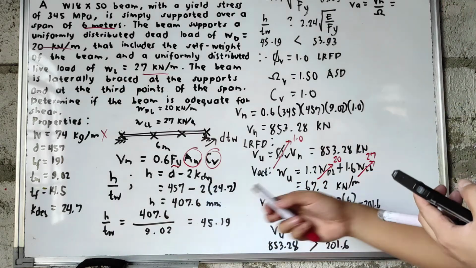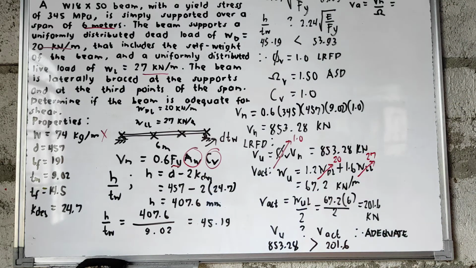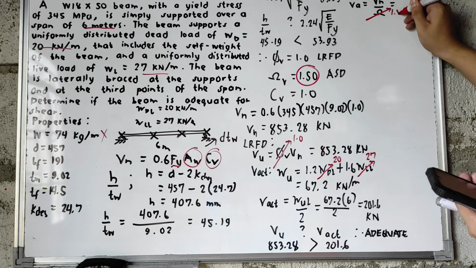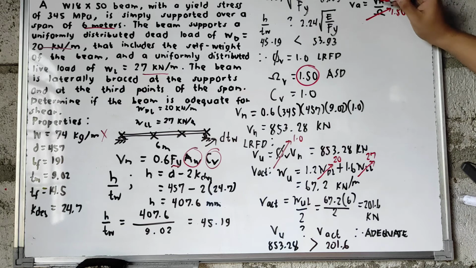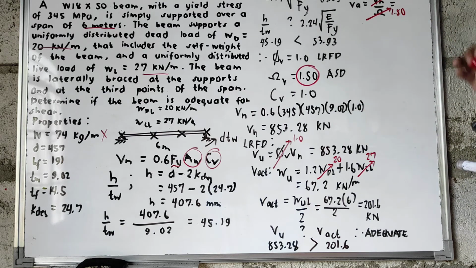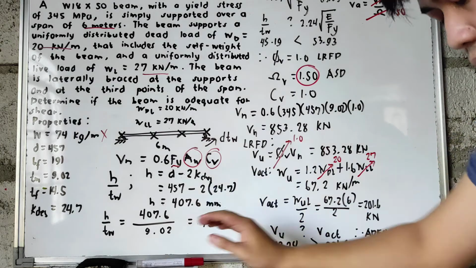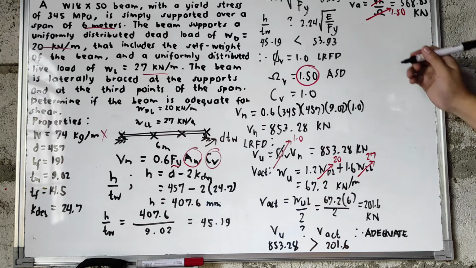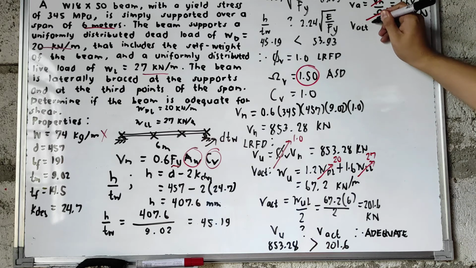For this one, we have a safety factor, which is equal to 1.5. Yung nominal natin, that is 853.28. So, you will have a value of your allowable shear strength, which is equal to 568.85 kilonewton.